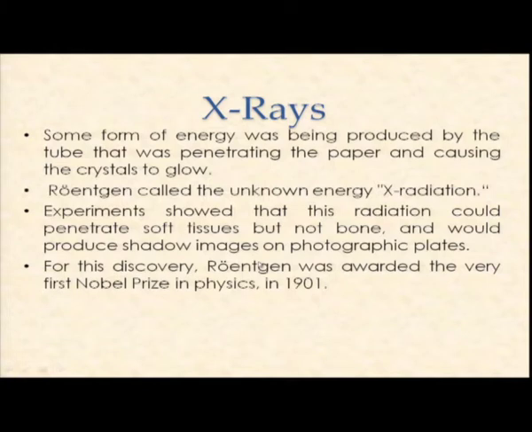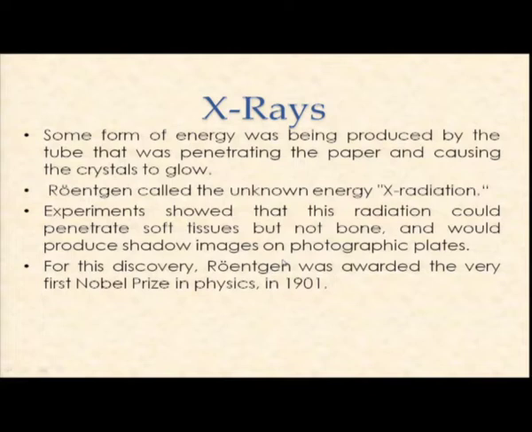This is how X-rays were born in the year 1895. Later, many experiments were done by many scientists to understand the properties and characteristics of the X-rays. One of the experiments showed that this radiation could penetrate soft tissues but not bone, as I told earlier. It would produce shadow images on photographic plates.